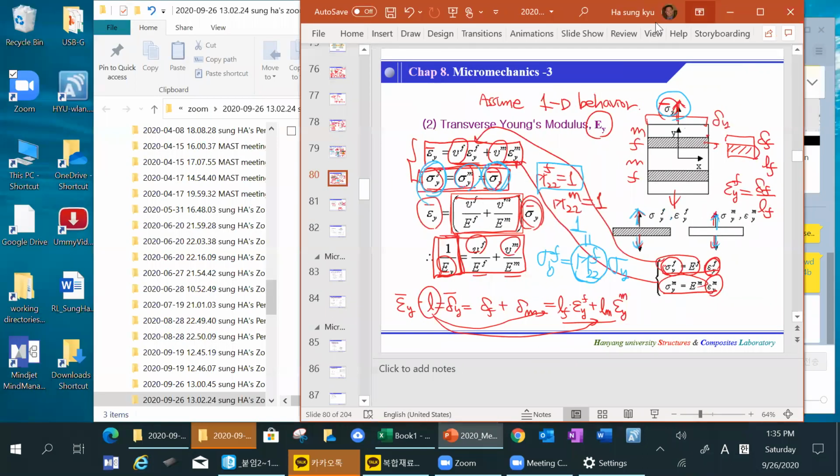And we can also easily get this value. I'm using Excel.